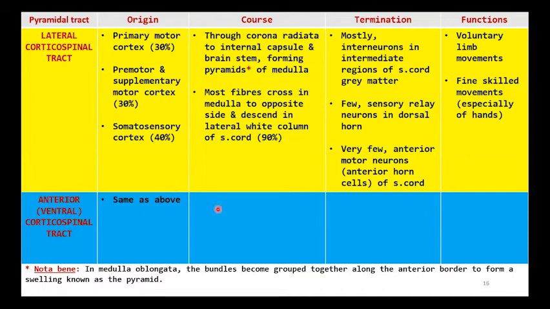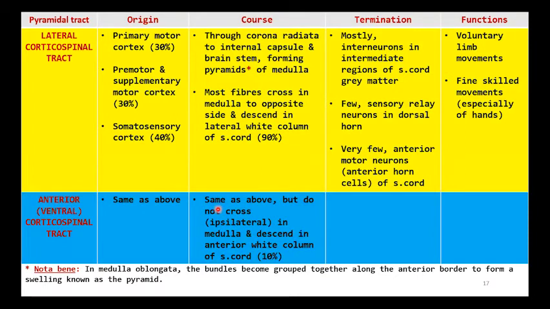And the course of the fibers is almost identical, but the distinguishing feature is that the fibers of the anterior corticospinal tract remain ipsilateral in the medulla. So 10% of the fibers are the anterior corticospinal tract, they remain ipsilateral and they descend in the anterior white column. That is why we call these tracts the anterior corticospinal tract. They enter the anterior white column, unlike the lateral white column of the lateral corticospinal tract.